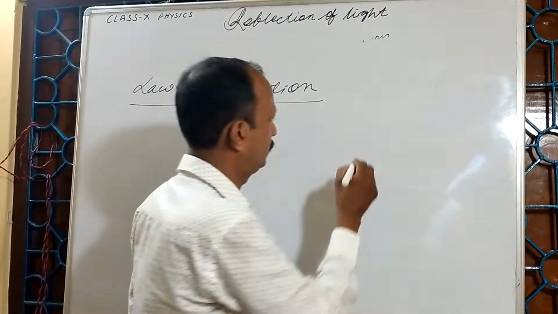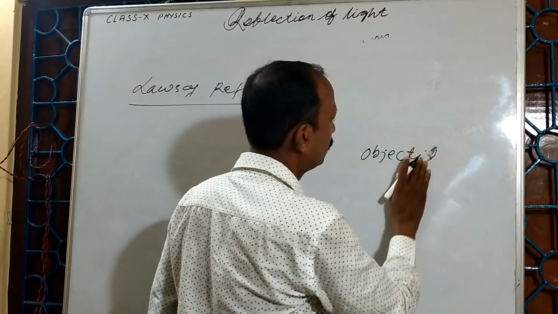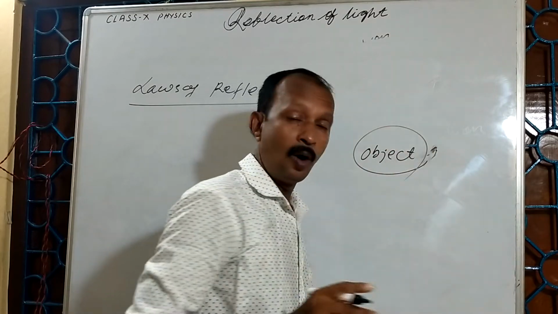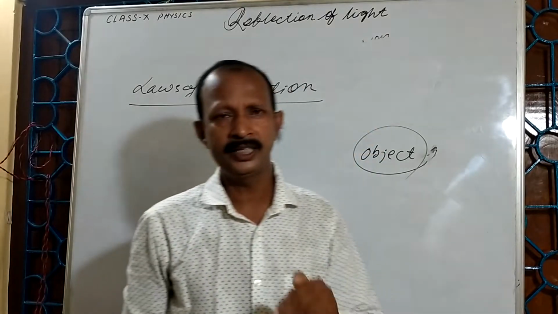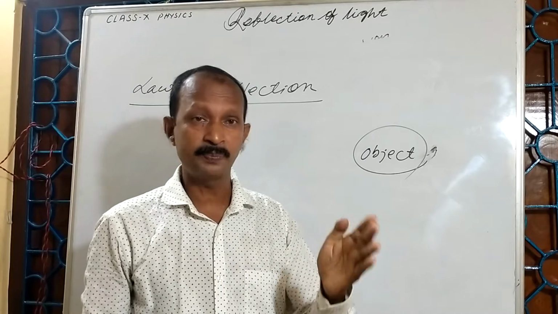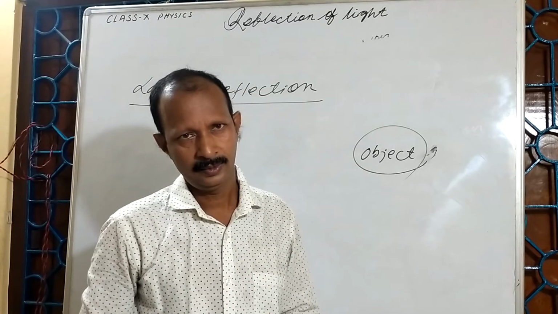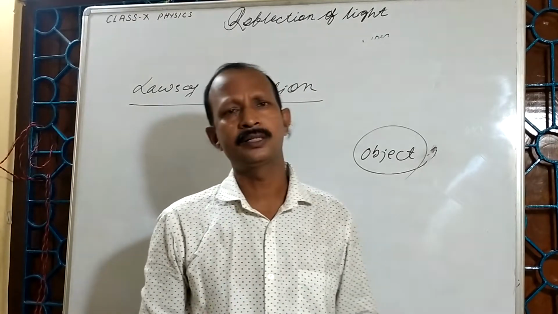what is object. Object means, in this topic, I am not telling the general meaning of object. Object meaning in the aspect of optics. Anything that we can see, that is only object.